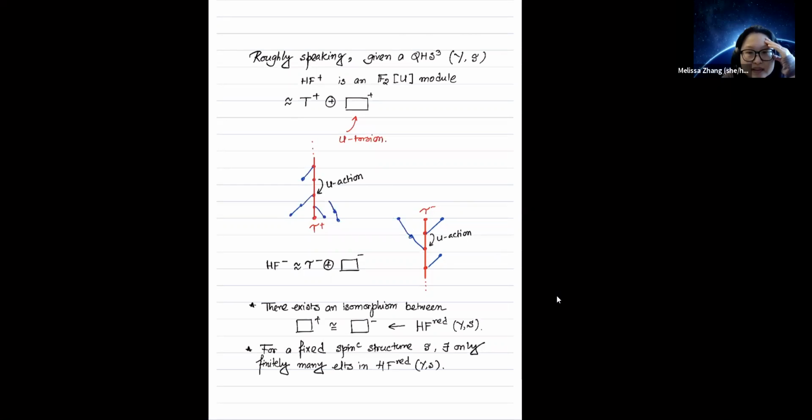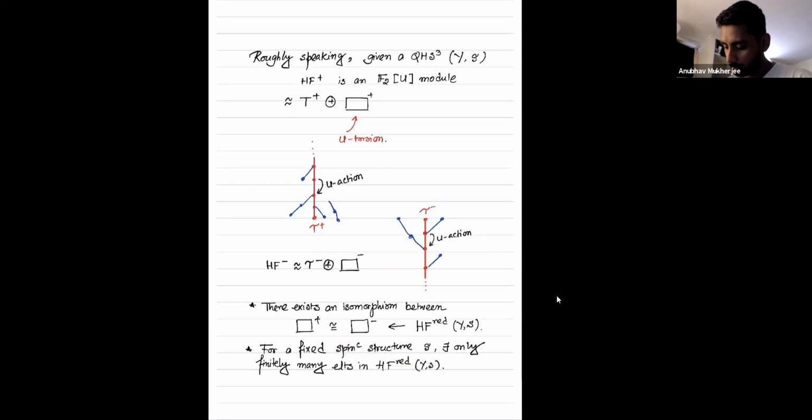I guess I'm also just confused. If each of these dots represents one dimension, some generator of homology, and I take U and act on a point, where does it go? Oh, yeah. So this is maybe not the correct way of describing it.